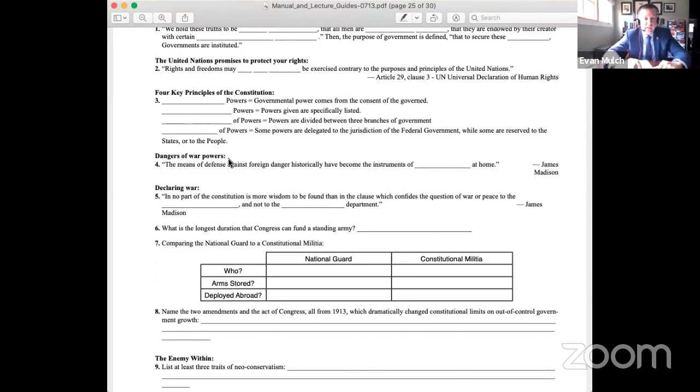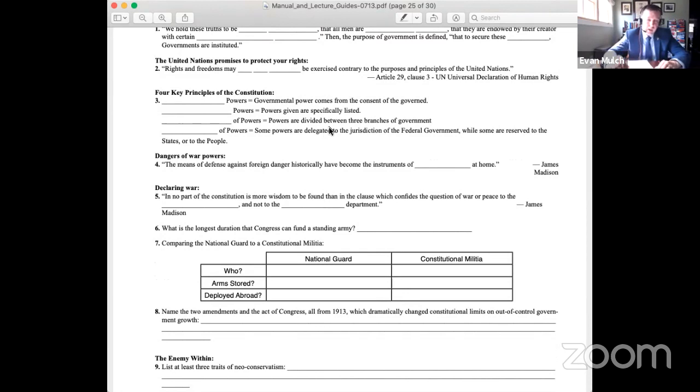It may not sound like these are very important to remember, but these were important to our founders: these 4 key principles of the Constitution, that there were delegated powers, there were enumerated powers, there was separation of powers, and there was division of powers. And it was important to Americans, it should still be important today, how these key principles of powers are supposed to operate in our constitutional republic.